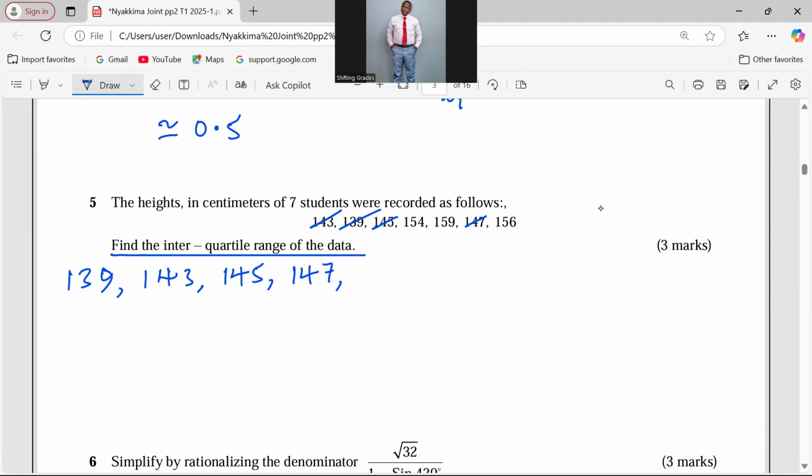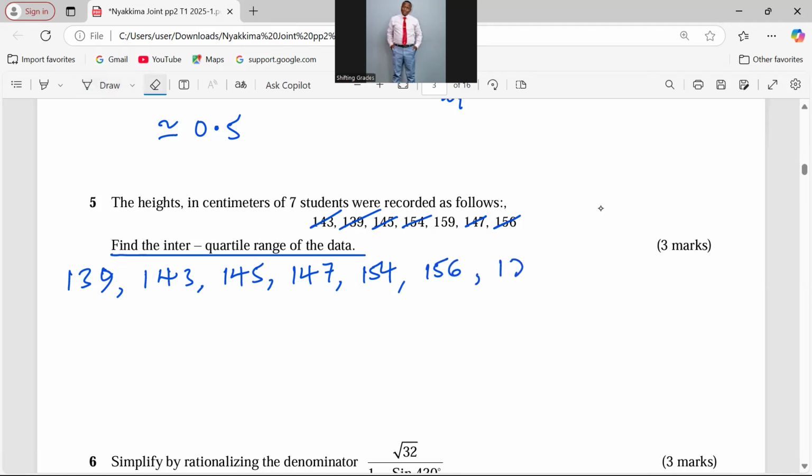Then after 147, we can talk about 154. After 154, we can talk about 156. Then we will have the tallest learner, 159. So we have 1, 2, 3, 4, 5, 6, 7 students.